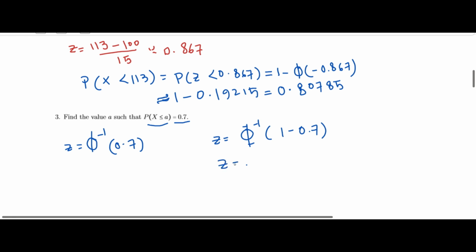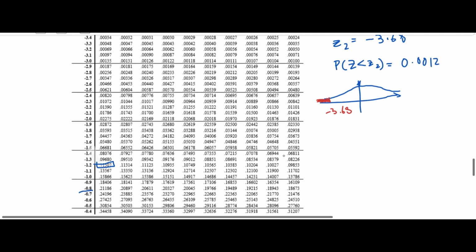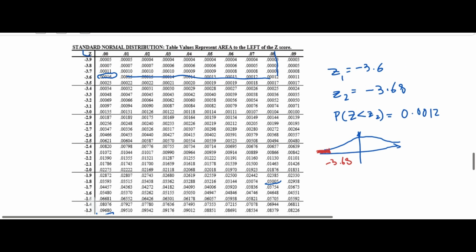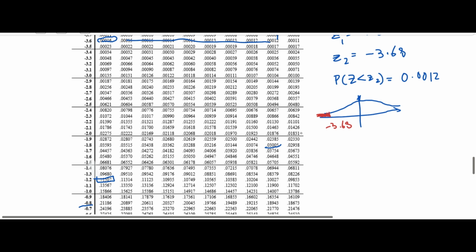So I'm going to look at z equal to phi inverse of 0.3. Where is it the closest? I can see that this value is the closest that I can get, and that's minus 1.8, in the column before the last column. So this z value is minus 1.88.